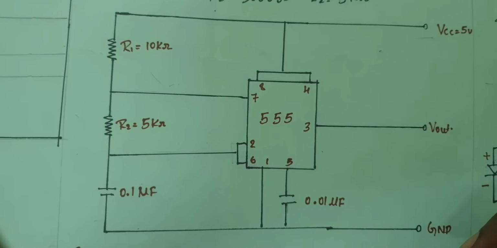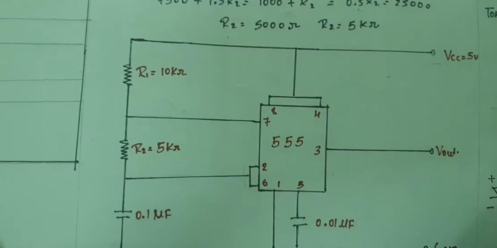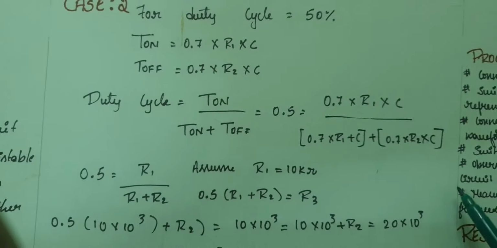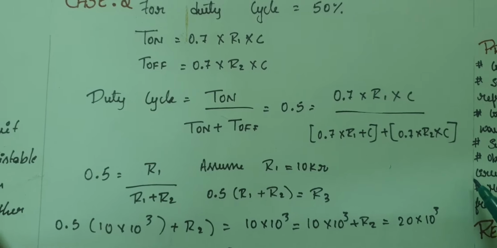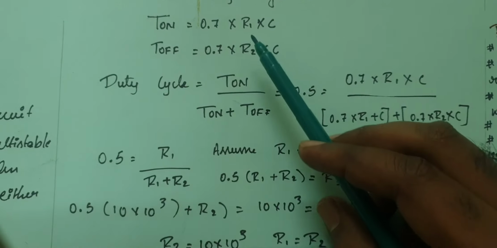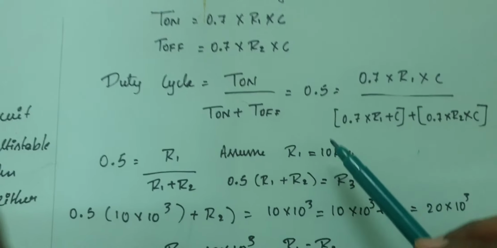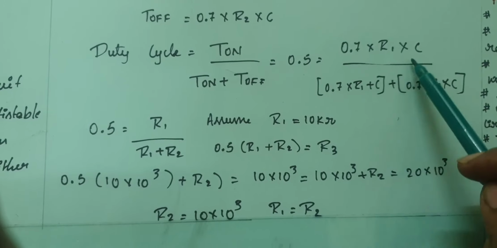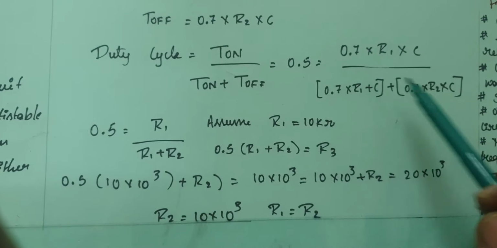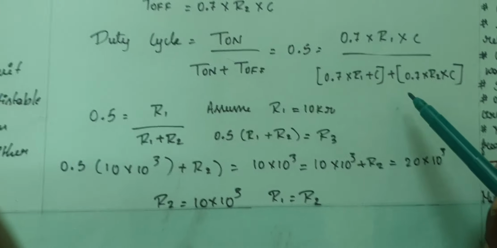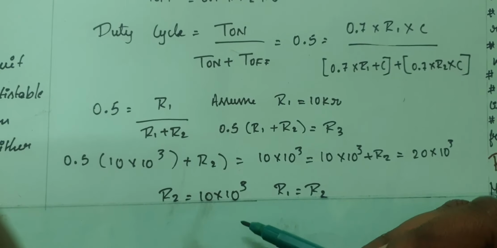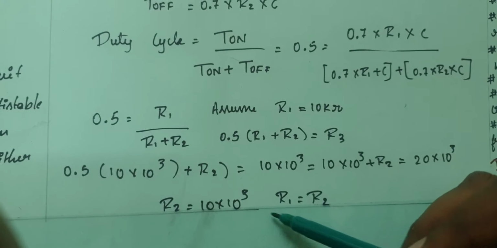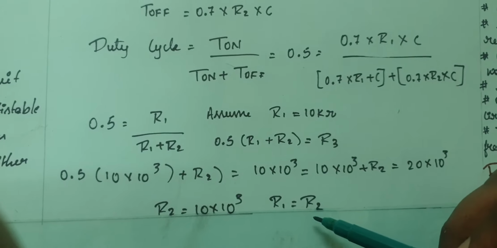The same applies to your second and third case. Let's go ahead with your second case now. For duty cycle equal to 50%, the formula remains the same, T on and T off. Here my duty cycle will be 0.5, which is equal to 0.7 into R1 into C divided by T on and T off. If you calculate this, we get R2 equal to 10 into 10 power 3, which is nothing but R1 and R2 being the same.